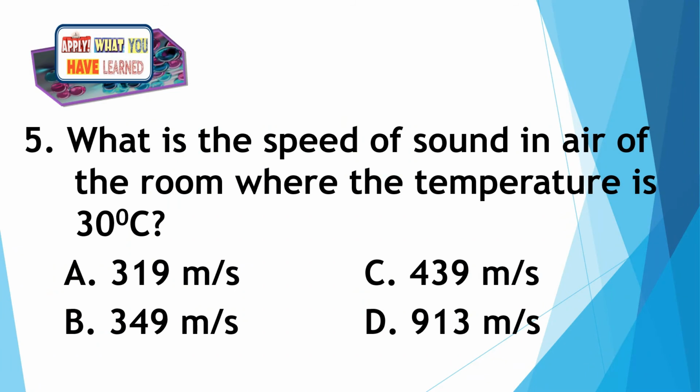Number 5. What is the speed of sound in air of the room where the temperature is 30 degrees Celsius? A. 319 meters per second. B. 349 meters per second. C. 439 meters per second. D. 913 meters per second.